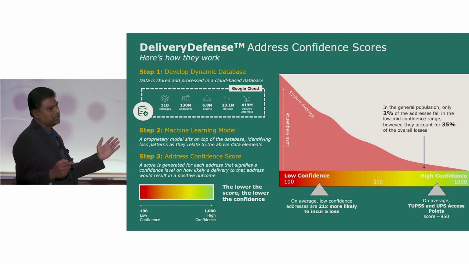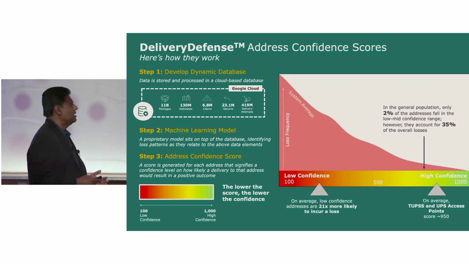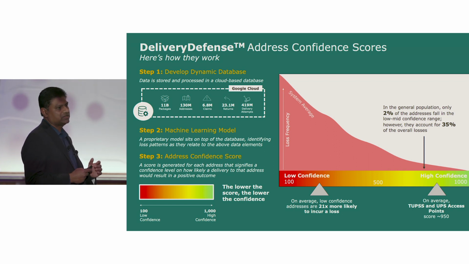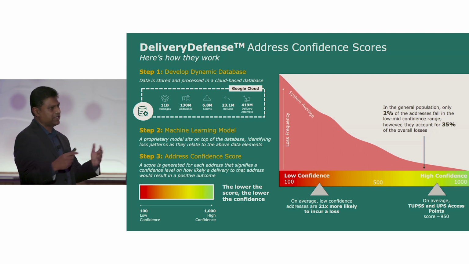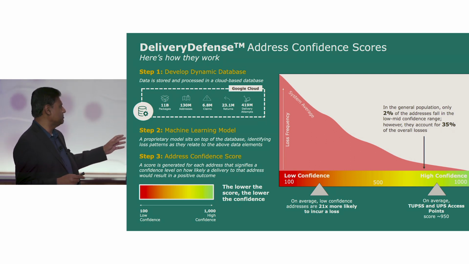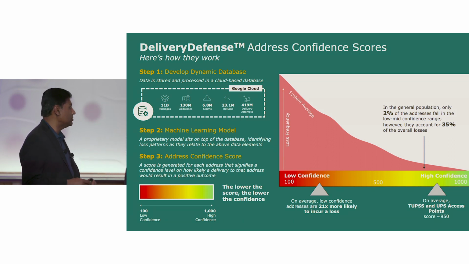Then we have all this claims information, and all these returns issues. Then you have delivery attempts, so multiple delivery attempts. And then there are different features from the package. These are the big elements in the model.